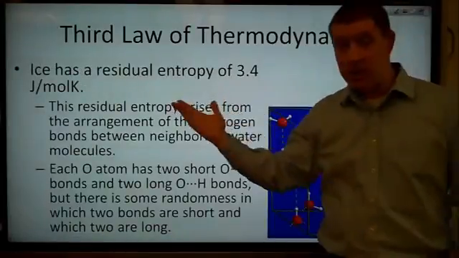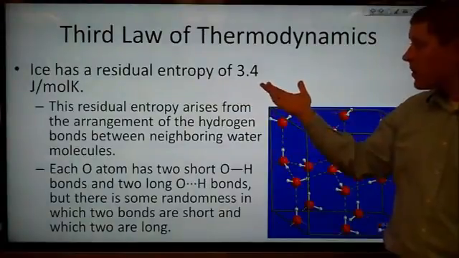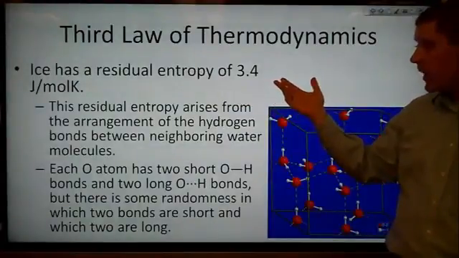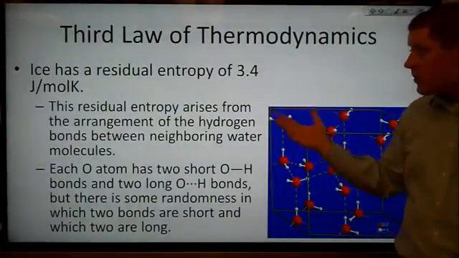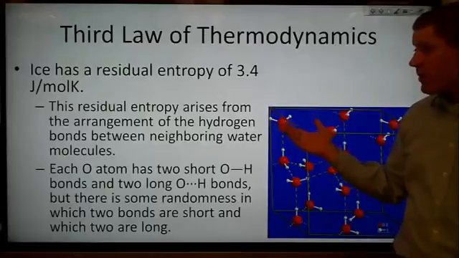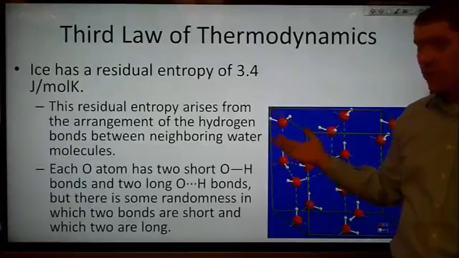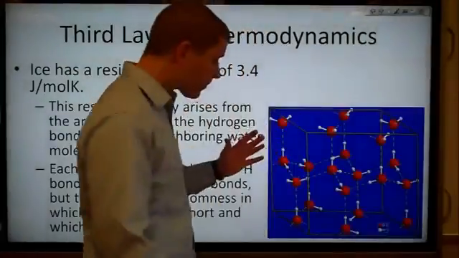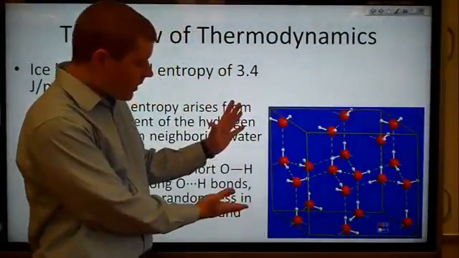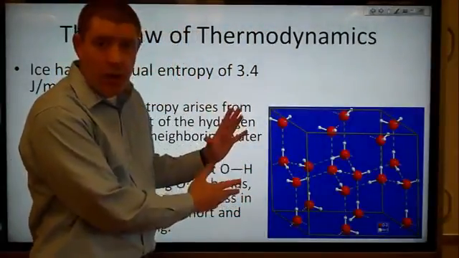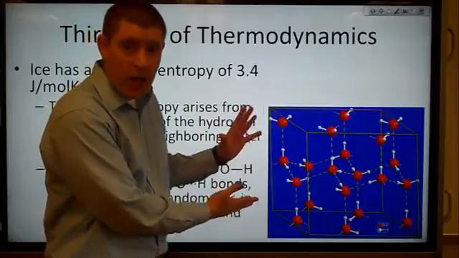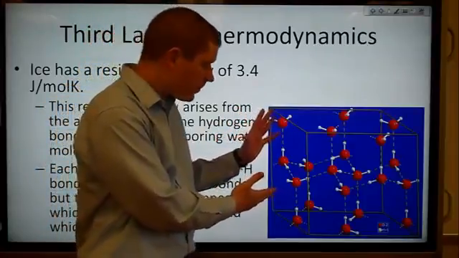Ice, water ice, has a residual entropy of 3.4 joules per mole K. This residual entropy arises because of the arrangement of the hydrogen bonds between neighboring water molecules. Over here we have one way that the water molecules can arrange themselves in solid ice.